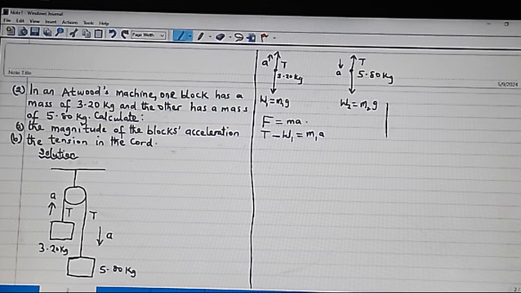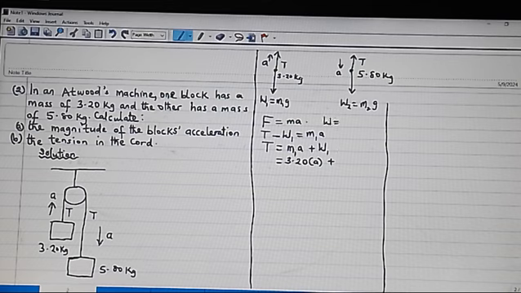I want all the workings to be on one page. So I'll say that T, which is the tension, is M1A plus W1. What is M1? 3.20. So into A plus W1. Recall that W is mg.